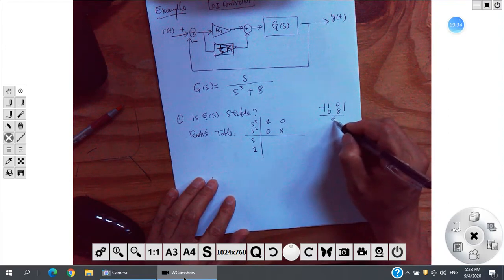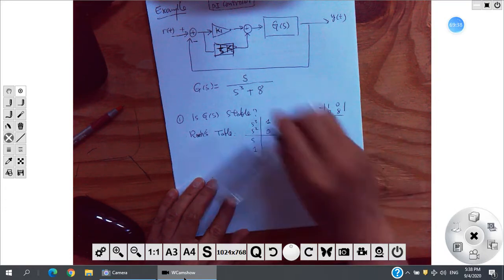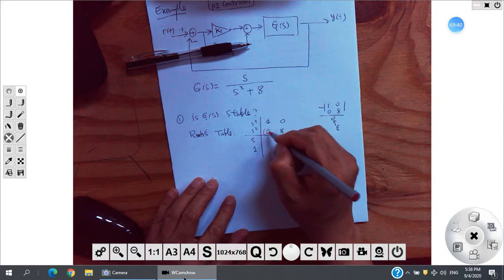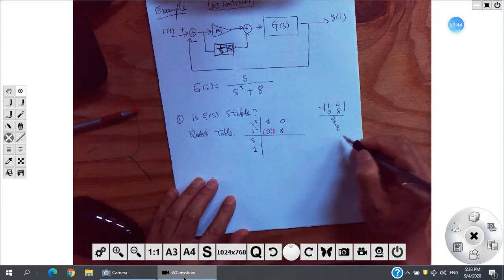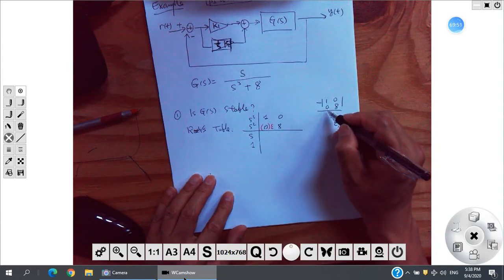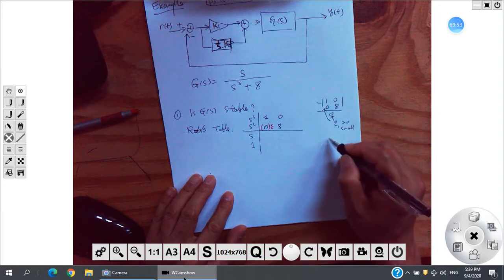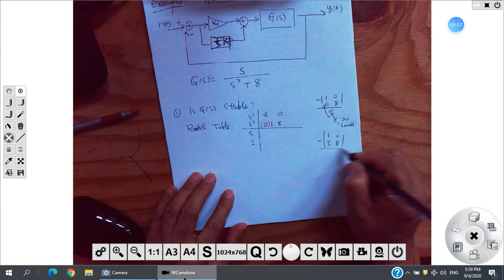We replace this with epsilon. We write this as a small epsilon, right? A small number, epsilon larger than 0 and small. So this one is also epsilon.